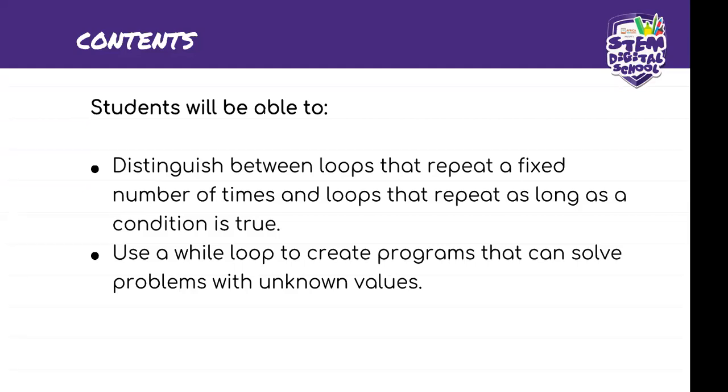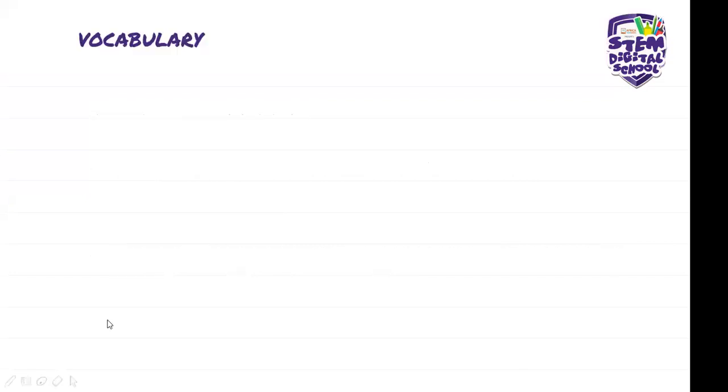Then our second objective is to use a while loop to create programs that can solve problems with unknown values. That's going to come in handy once we start running our programs and learn how to use a while loop.